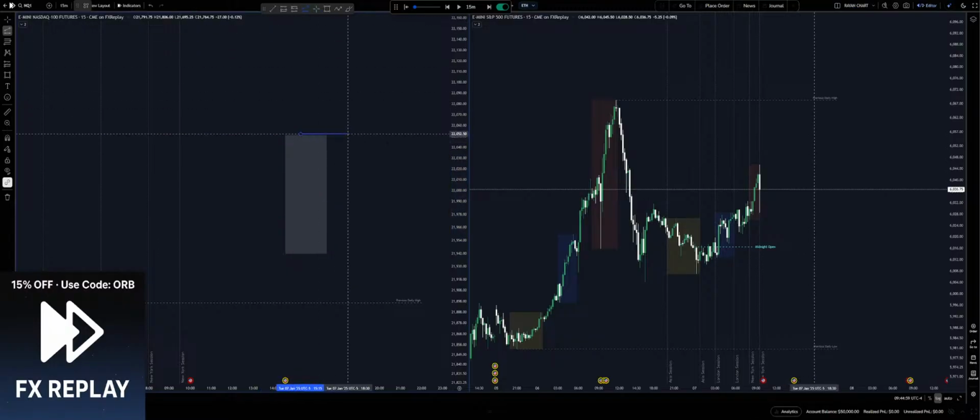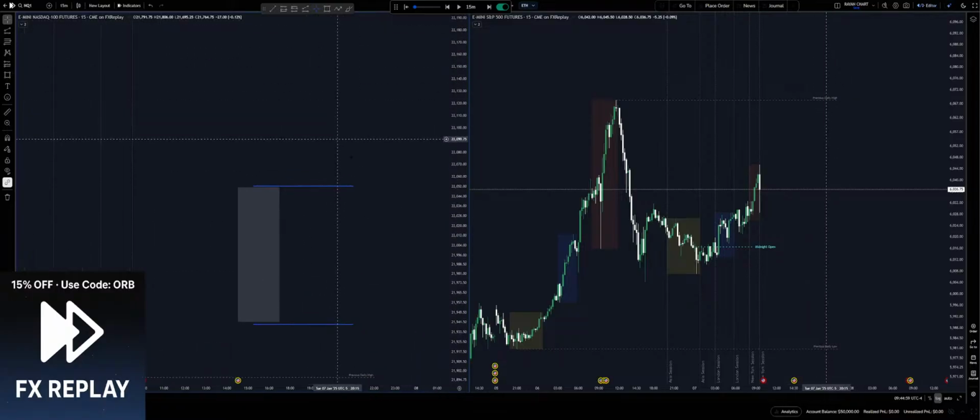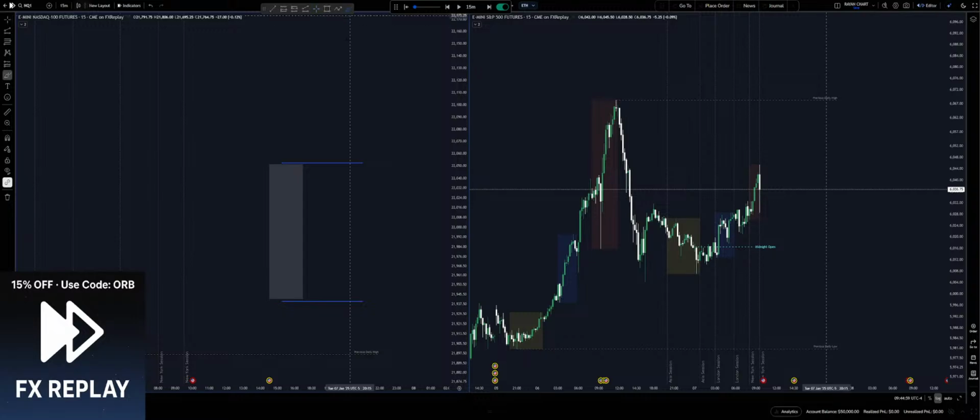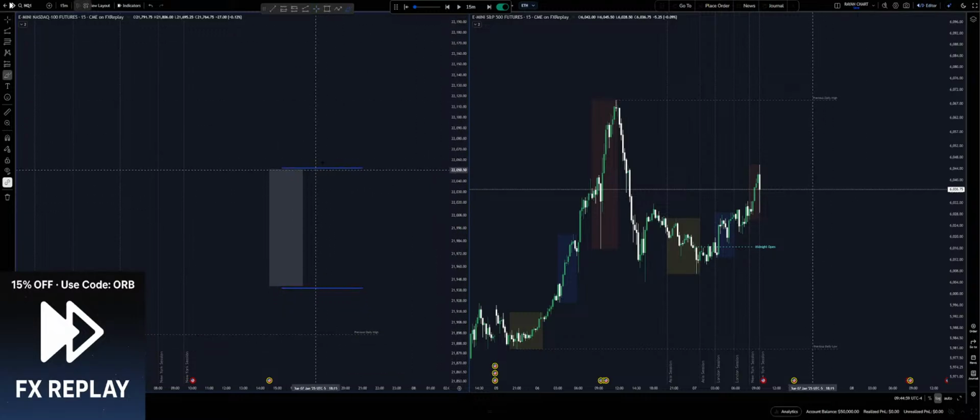You mark the high and the low of the candle, for both NQ and ES. Then you wait for the price to be above the ORB so that we can take a reversal short, and same if we are below the ORB, we can take a long for reversal as well.